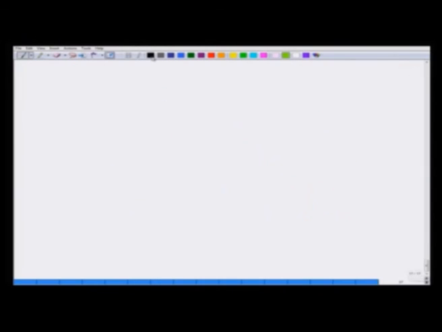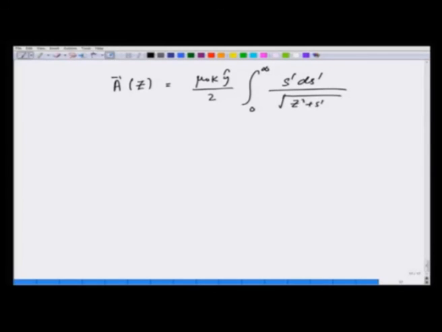So, we have A at any point, which depends only on z, x y does not matter, equal to mu naught k in the y direction over 2 integral 0 to infinity s prime d s prime over the square root of z square plus s prime square. Let us take z square plus s prime square to be some y square, so that y dy is equal to s prime d s prime.